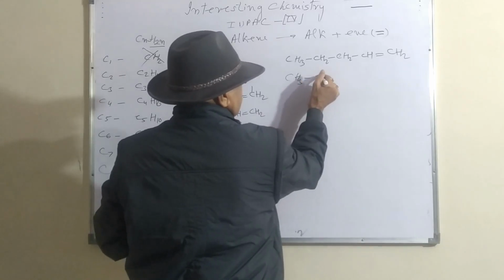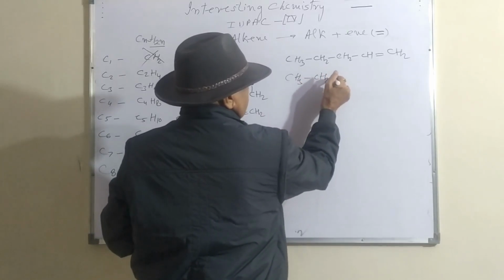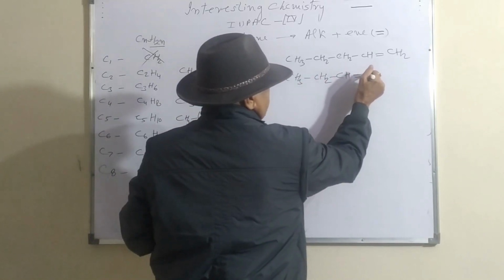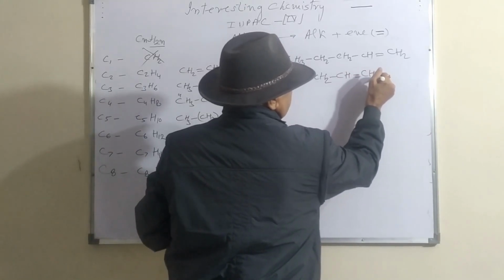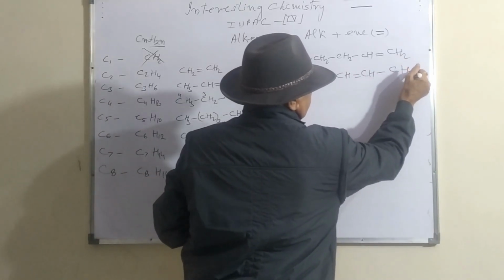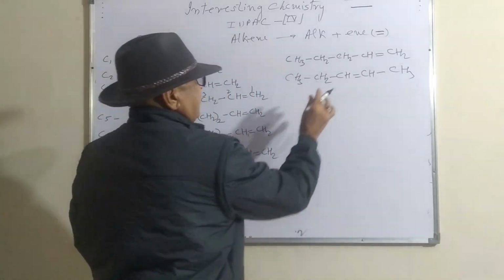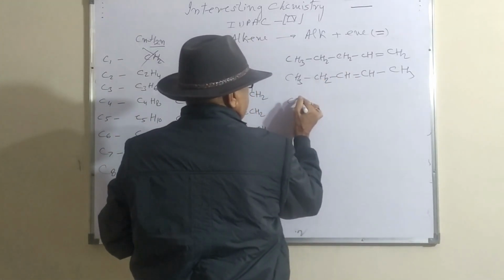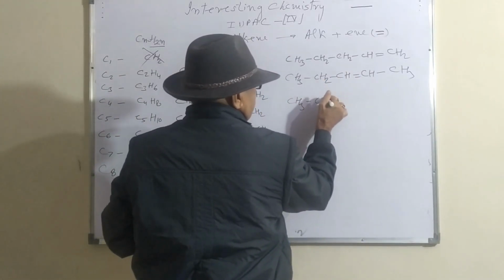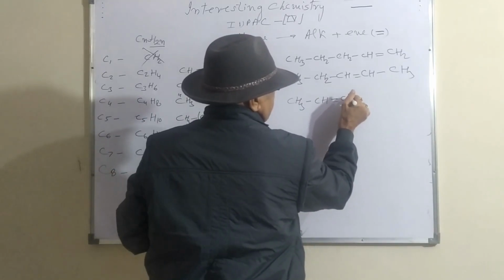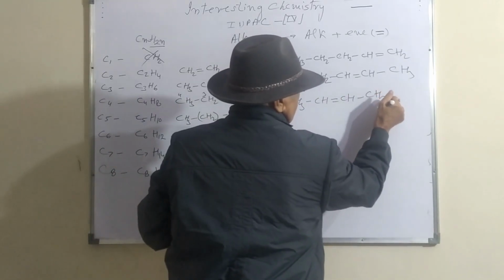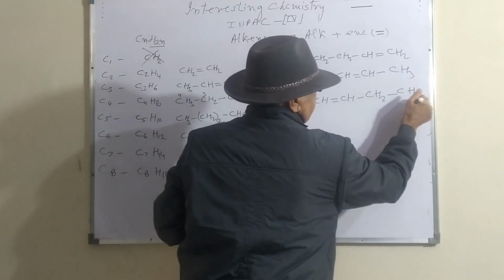You can change the place of the double bond: CH3, CH2, CH=CH, CH3. You can again write the double bond here: CH3, CH=CH, CH2, CH3.